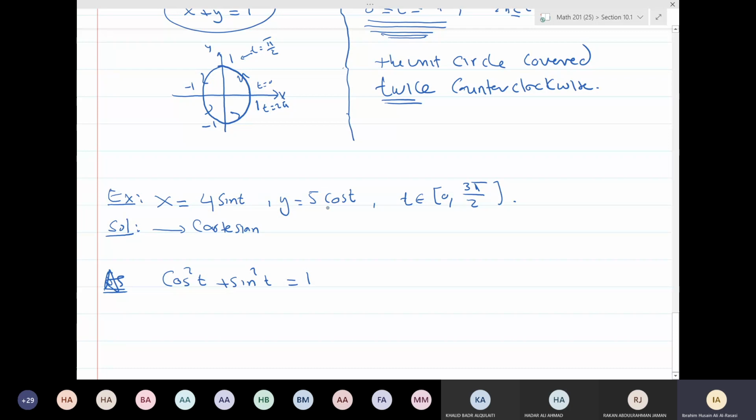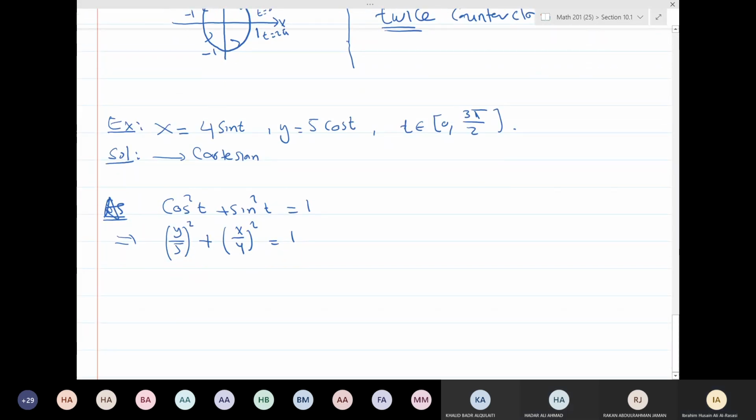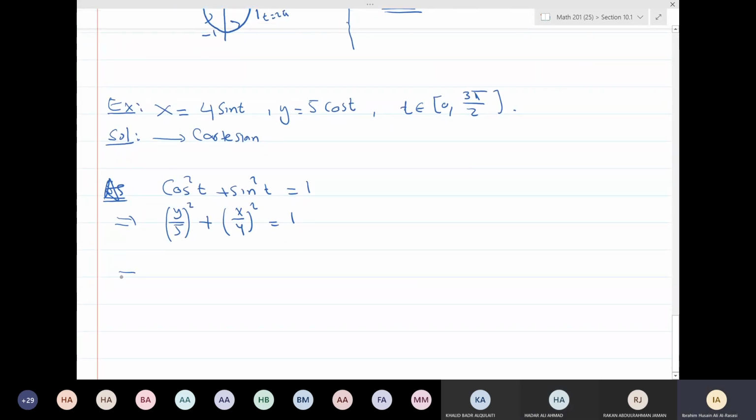Solve for them: cosine t is y over 5, so y over 5 squared, and sine t is x over 4, squared, equals 1. You simplify, and this becomes x squared over 16 plus y squared over 25 equals 1.